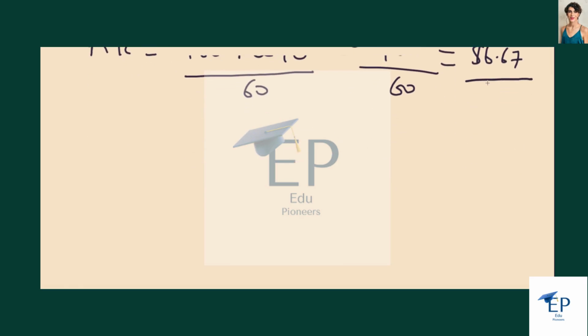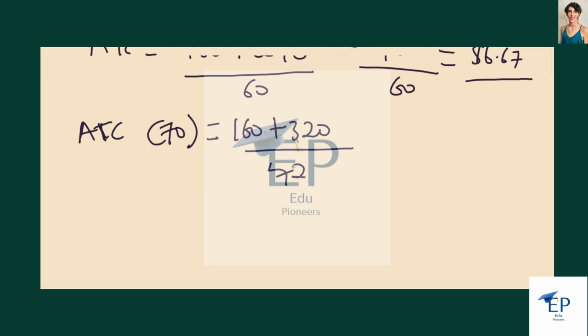Now we're going to find the average total cost for 72 haircuts. So average total cost for 72 haircuts is 160 plus 320 divided by 72, and this is equal to 480 divided by 72.